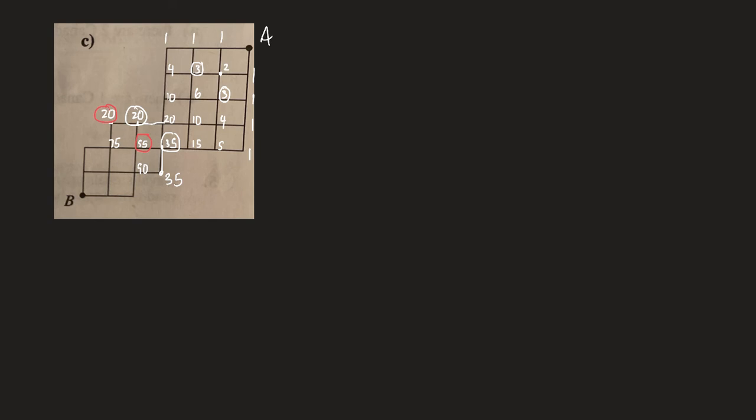75 and 90, this would be 165. And then if I'm dropping straight down, this would have to be a 90. Because I have nothing to add it to. Is that right? 90 and 165 would be 255.